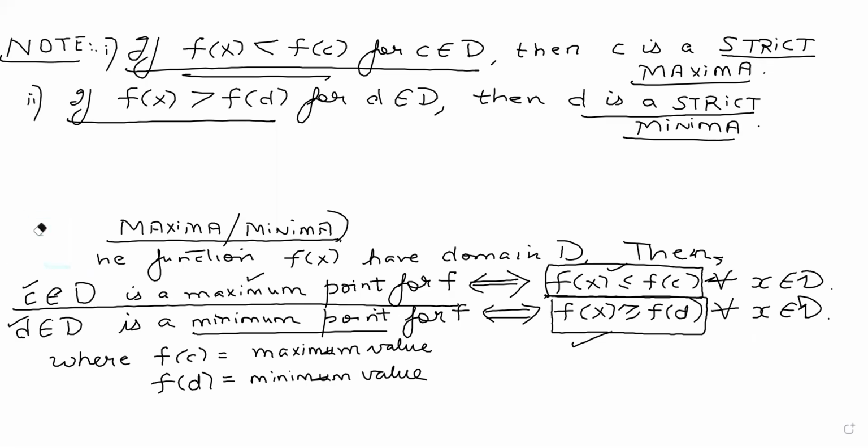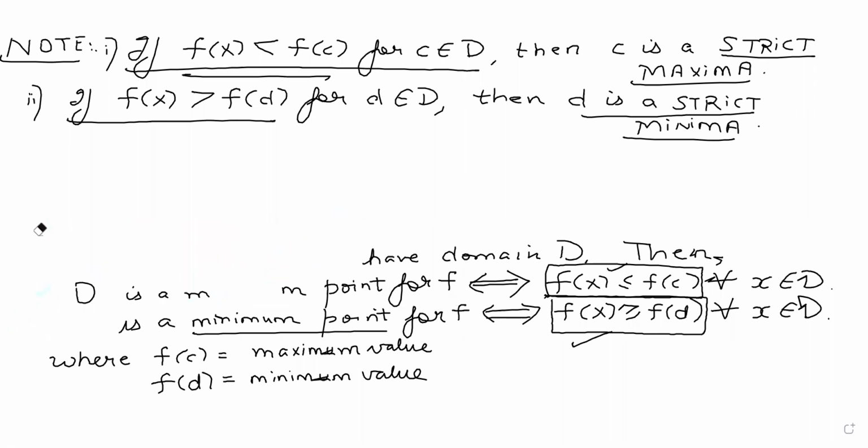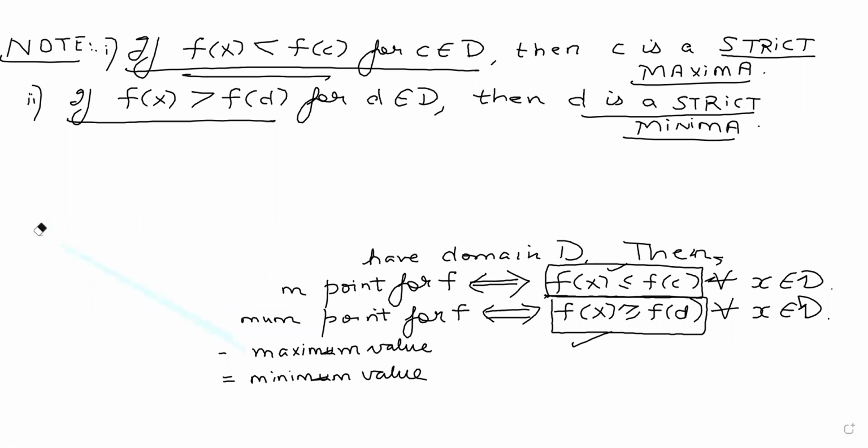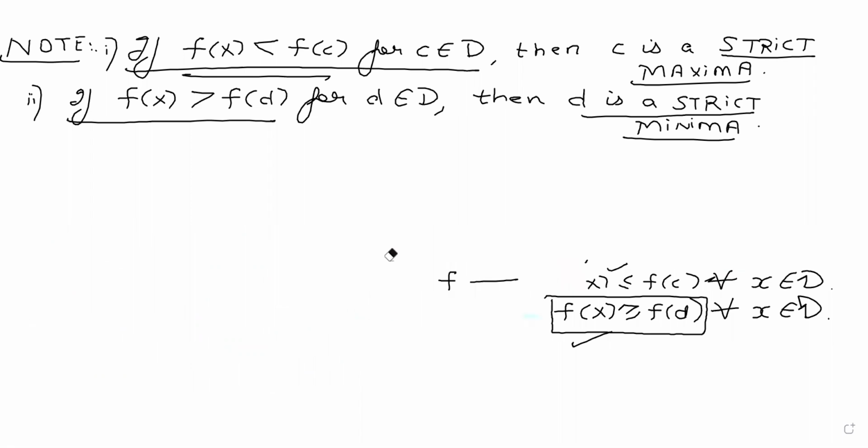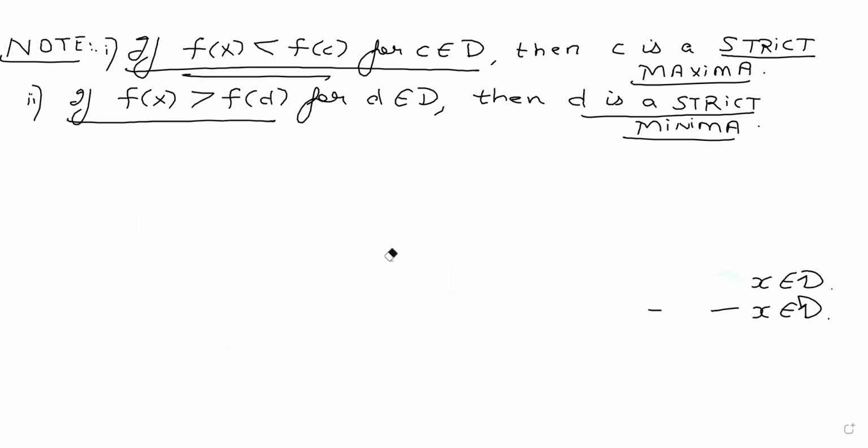Guys, if I erase the definition on the bottom part of the screen, we can write another note. We can write another important note relating to this particular concept, which is as follows.